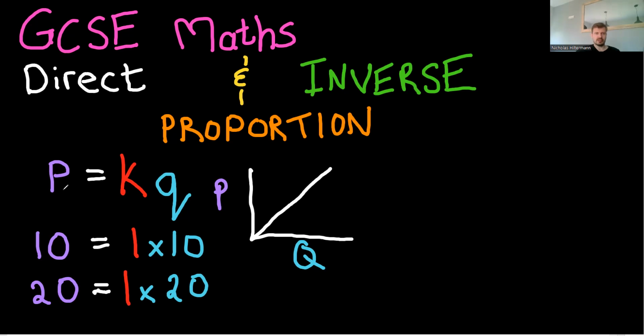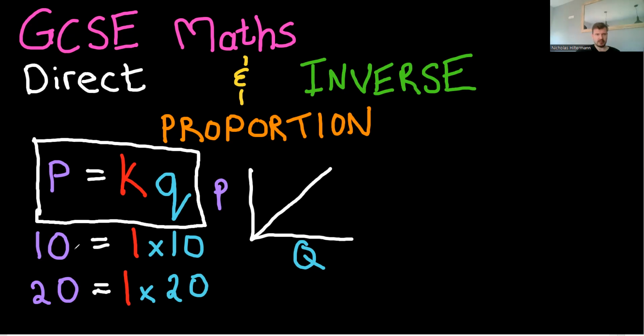So we notice that this equation that you have to kind of know, P equals K times Q. The Q and the P are on the same side, so they're both on the top. The way they would ask that in a question, actually, let me do that here.